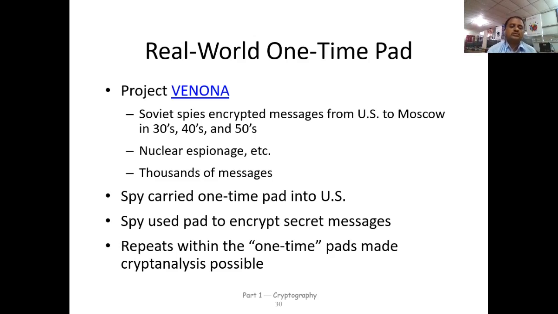In that case, the spy carried one-time pads, that is, different keys, into the US. The spy used a pad, that is, the keys, to encrypt all secret messages, and reuse of the pads made cryptanalysis possible.